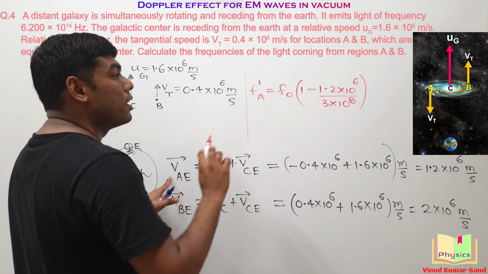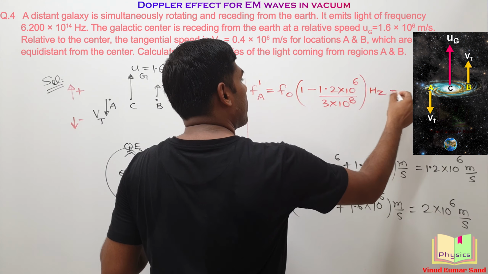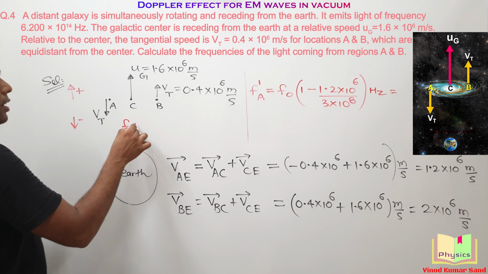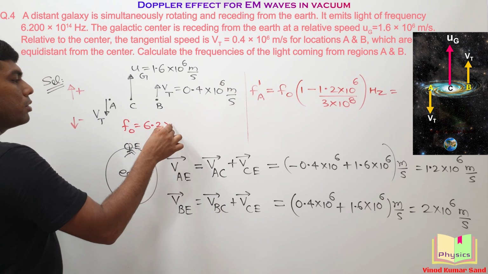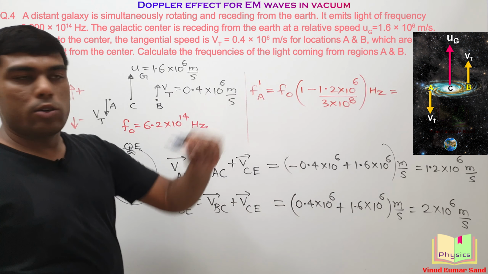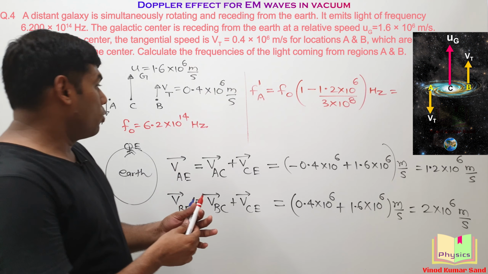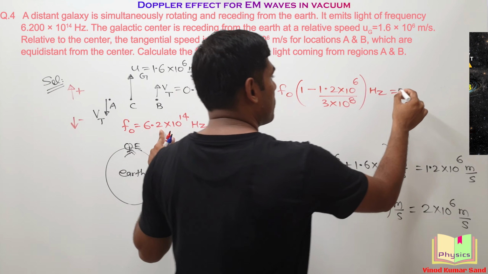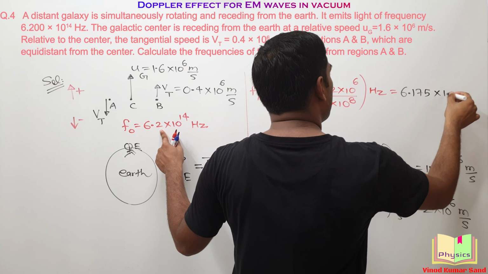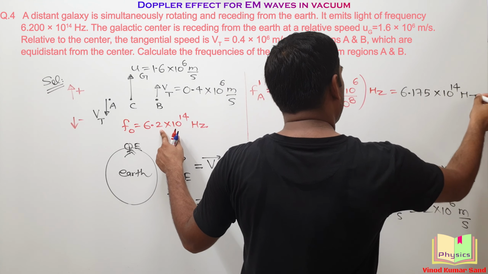Got it? In hertz you'll get the answer. What is f naught given to us? f naught is 6.2 into 10 to power 14 hertz. So you can do the computation. You will get your answer as 6.175 into 10 to power 14 hertz.